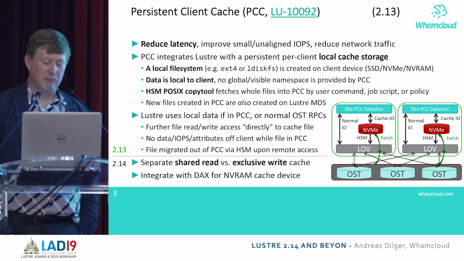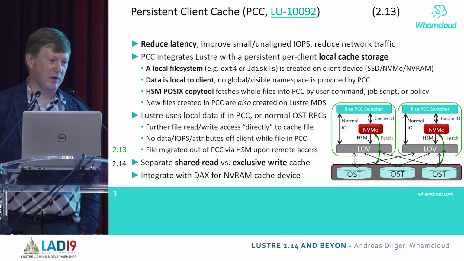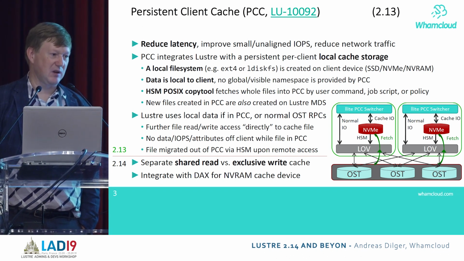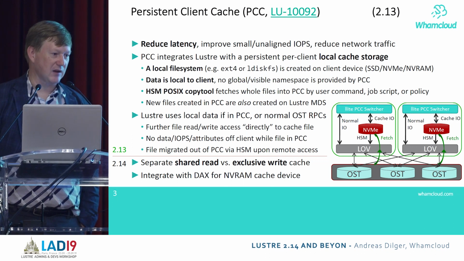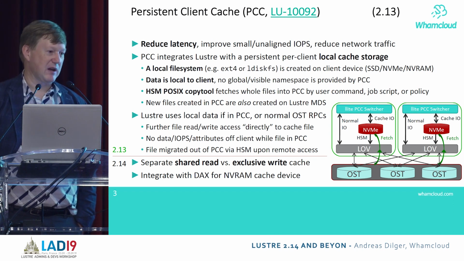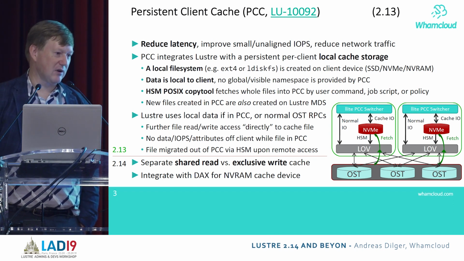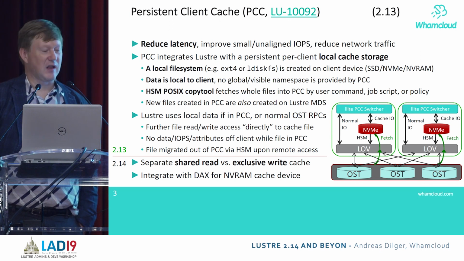It's sort of true with tape archives, right? You don't expect instantaneous response if the file is released and you trigger the restore, your tape library might depend on an operator to load it, right? And so the clients on the other nodes are blocked indefinitely until the file is released from PCC.